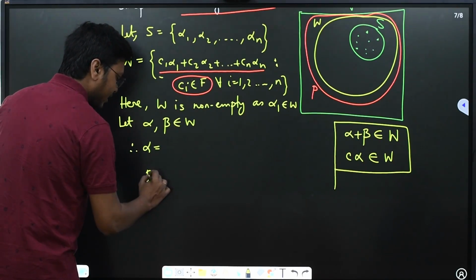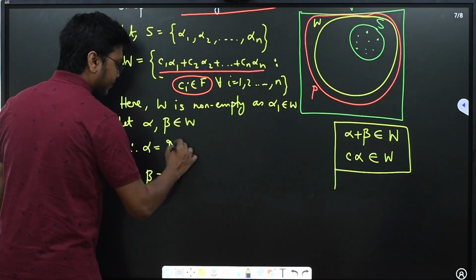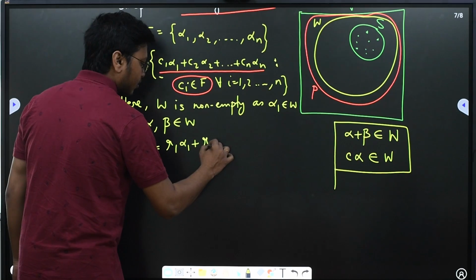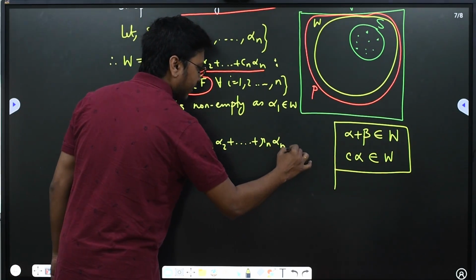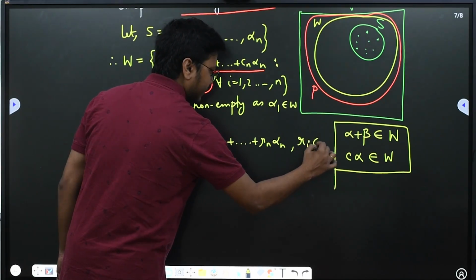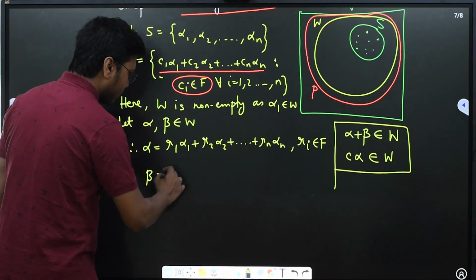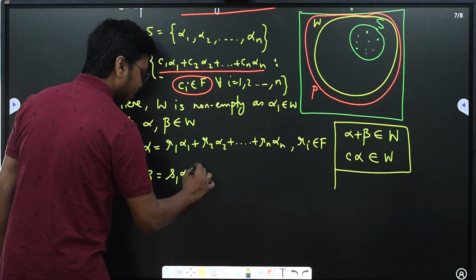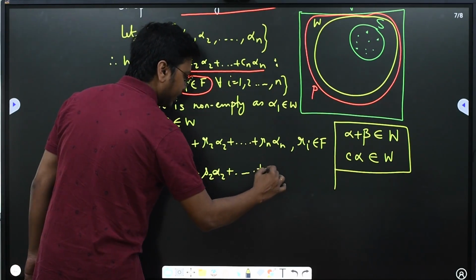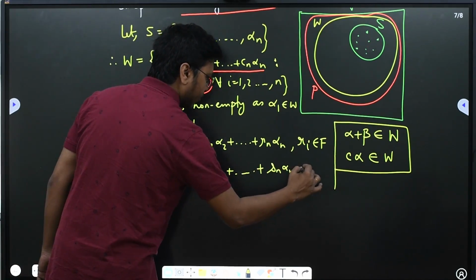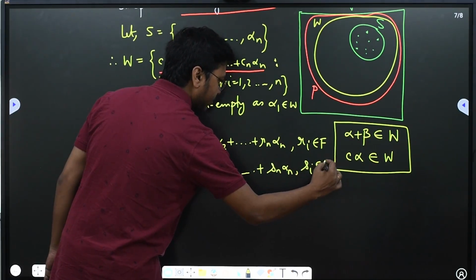So alpha equals R1 alpha 1 plus R2 alpha 2 plus dot dot dot Rn alpha n, where all the R sub i elements are taken from the field. And for the beta element, again I'm changing the constants: S1 alpha 1 plus S2 alpha 2 plus dot dot dot Sn alpha n, where all the S sub i elements are taken from the field.